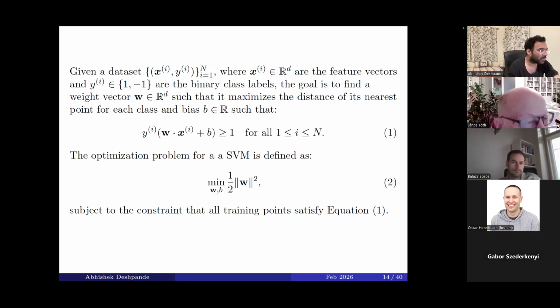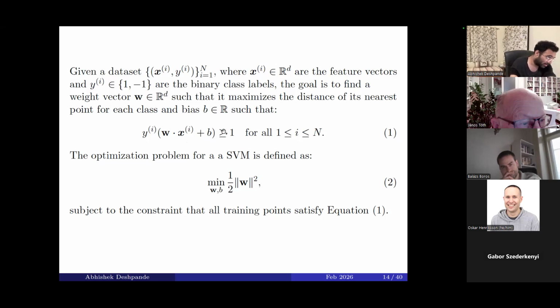Okay. So that maximizes the distance between these. What it means is that the label is +1 or -1. So yi, the label, times this number, which is W dot xi plus B, must be greater than or equal to 1. For example, if Wx plus B is positive and yi is +1, then the product is greater than 1.